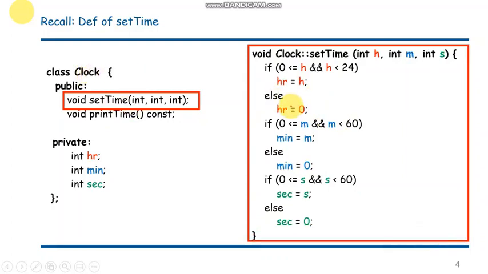This was for the reason that we did not want to crowd or clutter class clock. This code for set time was written outside the class. We could have written it inside the class, but doing that will then make class clock become bloated.